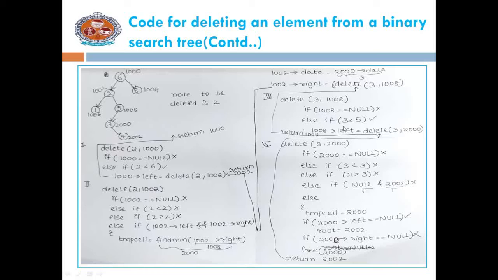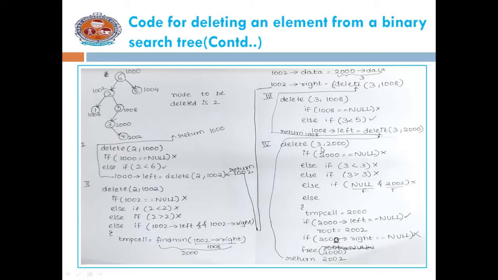Else if 3 is less than root arrow of data, our root arrow of data is 5. 3 is less than 5, as the condition is true. So 1008 of left equals delete 3 comma 2000. That means we are traversing towards left.